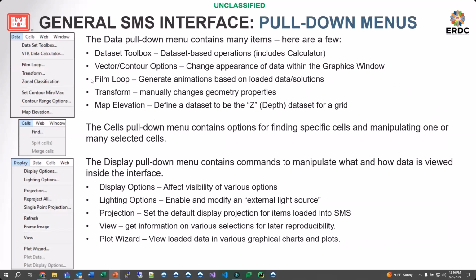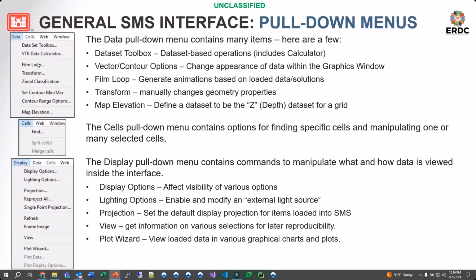So some pull down menus within the SMS that we'll be using. Under data, there's a few tools. We'll really only be using, for the most part, the dataset toolbox. I'll go into a couple of those. We have film loops that, once you have a solution, you can go through several different frames and capture that so you can show it to a customer or look at it later on.